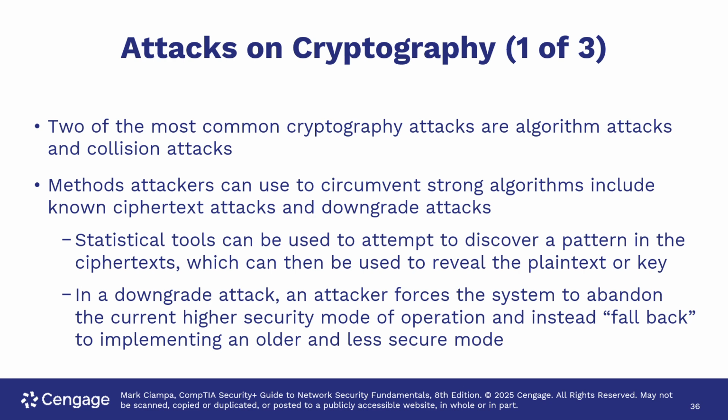So attackers can use different tools and methods. The first is statistical tools. Just like if you're doing that crossword puzzle, if you've got 4 down and 5 across, where those letters overlap, that's one letter you don't have to figure out. In this case, you're trying to figure out the information from the ciphertext, and you can do that sometimes with what are called statistical tools.